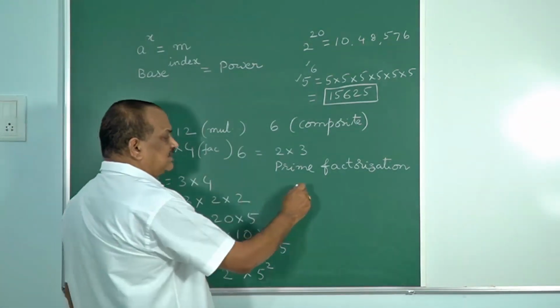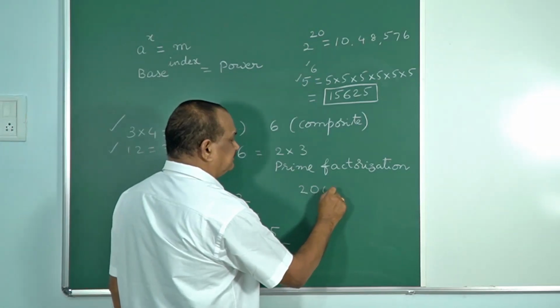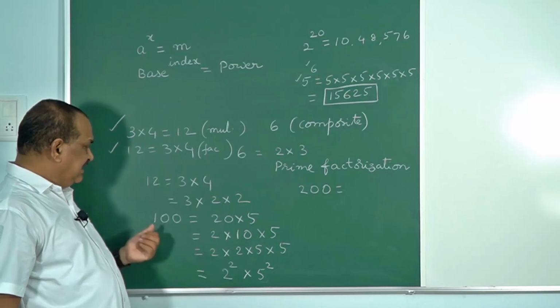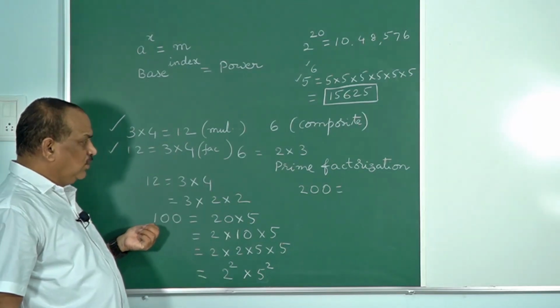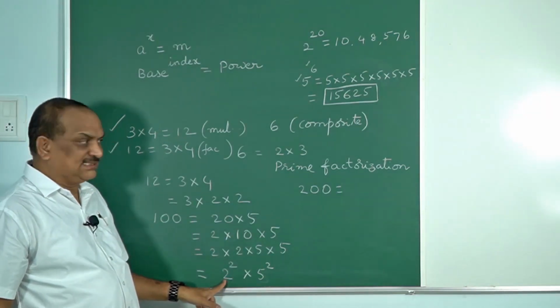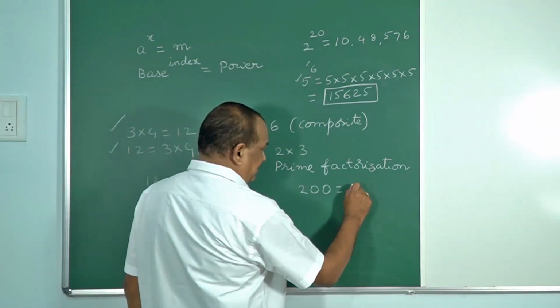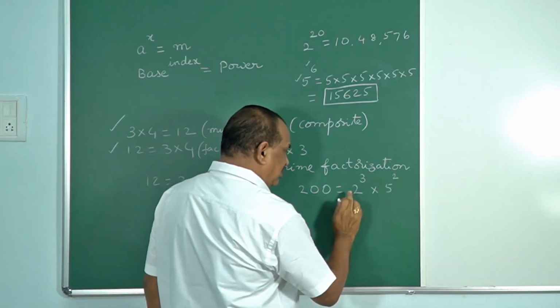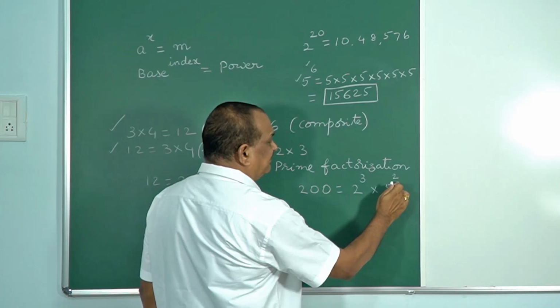I will give you a number like, say, 200. Having done this, 100 multiplied by 2 gives me 200. So there is only one more 2 here. That's it. So 2 cubed multiplied by 5 squared.